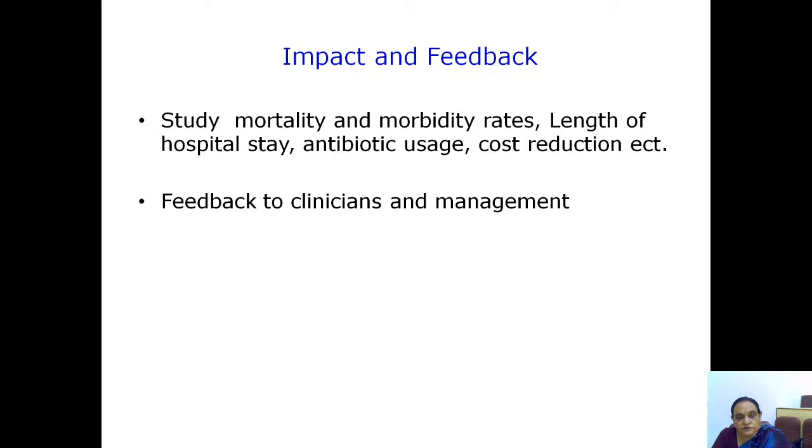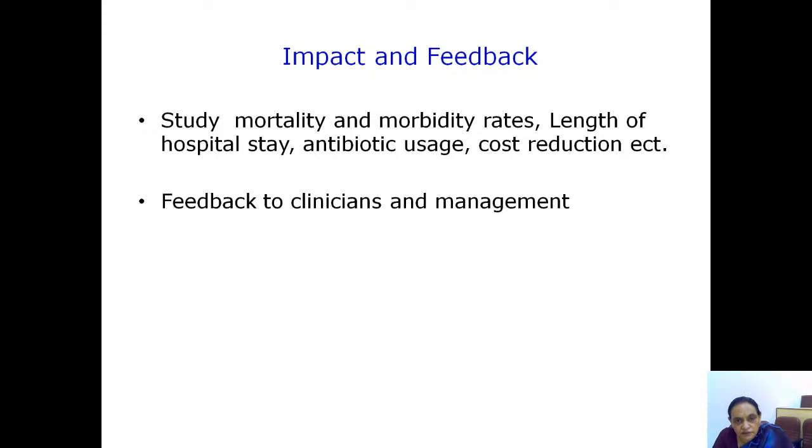But one thing I would say, that whatever is done, there should always be a feedback, because that only gives confidence to the practicing clinicians that this kind of modality is actually helping the patients. So whatever your mortality, morbidity rates, length of hospital stay, antibiotic usage, cost reductions, these are some of the measurable data.